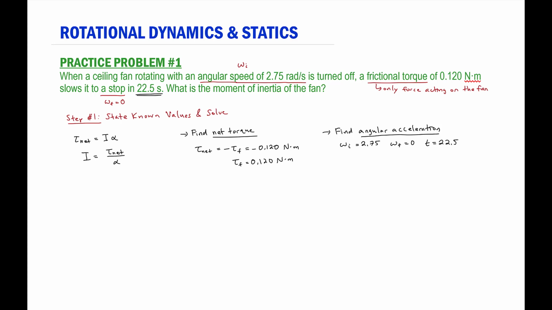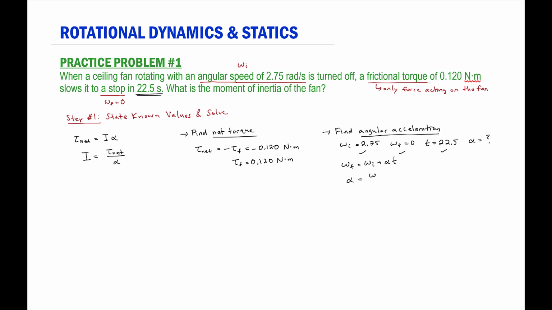This seems like a rotational kinematics question, so we already have 3 values. We're trying to look for angular acceleration. So the one equation that gives this to us is omega F is equal to omega I plus alpha t, and we simply solve for alpha.